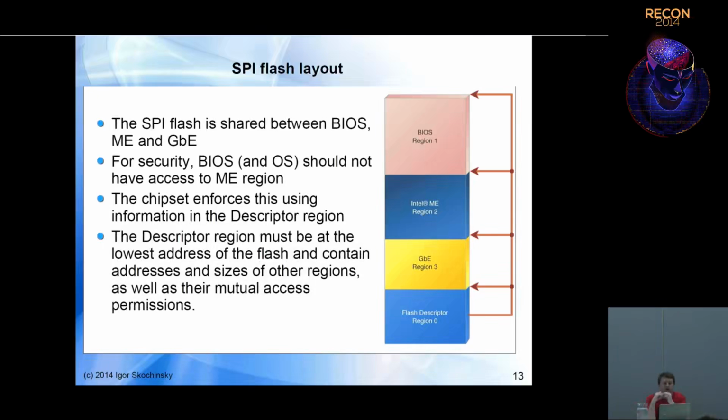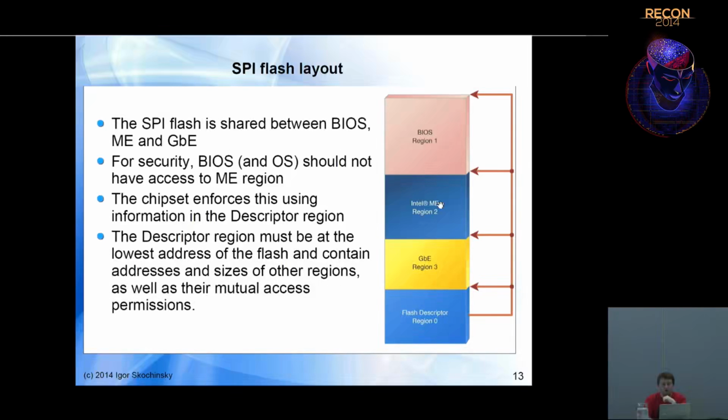So this way, they can have hardware-enforced access checks to limit access. And so the flash space is partitioned into several regions. There is the BIOS region, which is usually at the end of the chip, then the Intel ME region, then maybe the Ethernet region. Some of them may be there, maybe not.